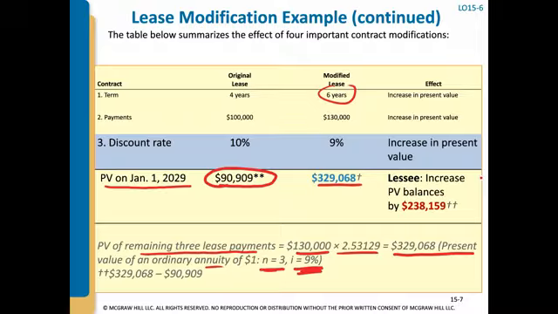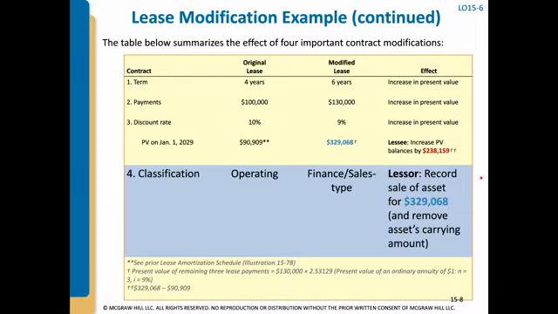So now on my books, I have a lease liability of 90. I'm going to need a lease liability of 329,000. So I'm going to have to increase that as the lessee by $238,159.